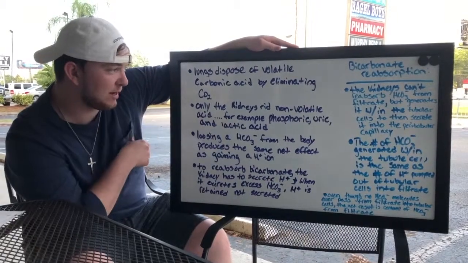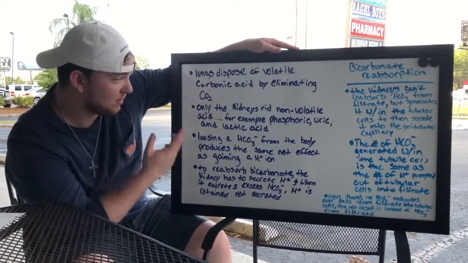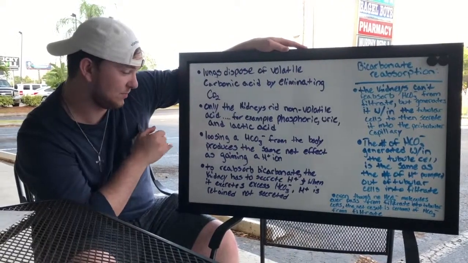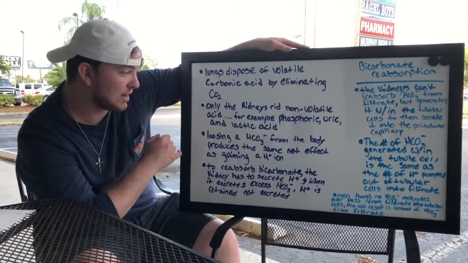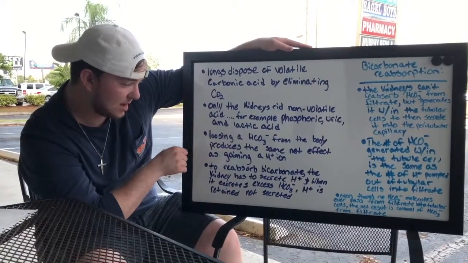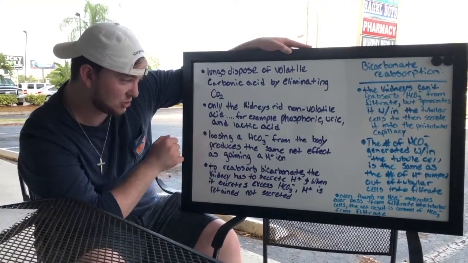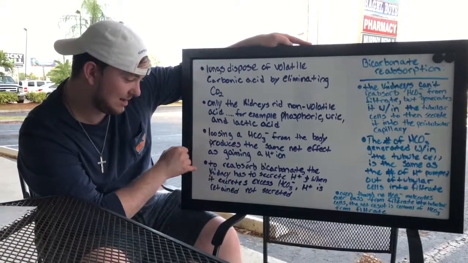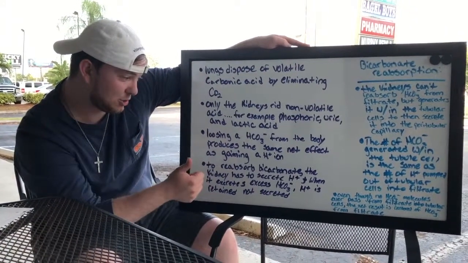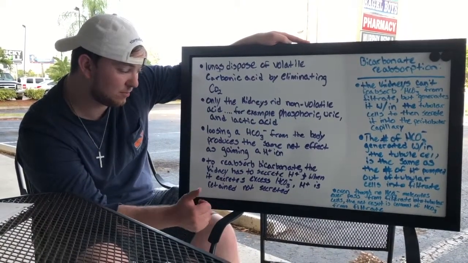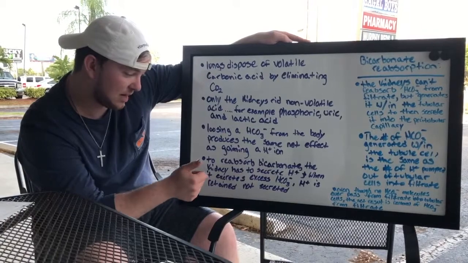Only the kidneys rid non-volatile acids, for example, phosphoric, uric, and lactic acid. Losing an HCO3- from the body produces the same net effect as gaining a hydrogen ion. To reabsorb bicarbonate, the kidney has to secrete hydrogen, and when it excretes excess HCO3-, hydrogen is retained, not secreted.